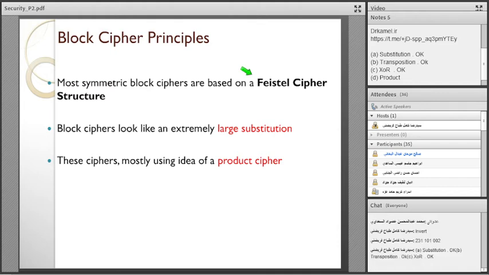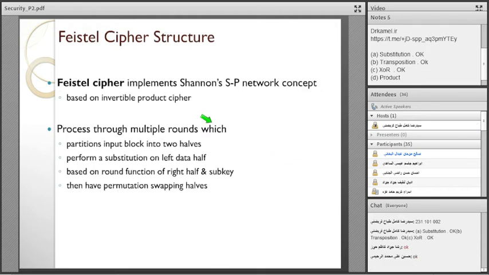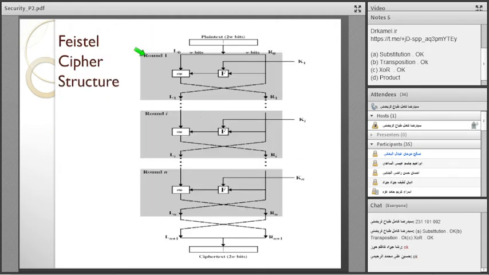We discussed block and stream cipher, so I can skip this one. In block ciphers we use the Feistel cipher. I will now discuss the Feistel cipher. We use it as a method for combining all of the other methods, all these three, not the fourth one, which is product.